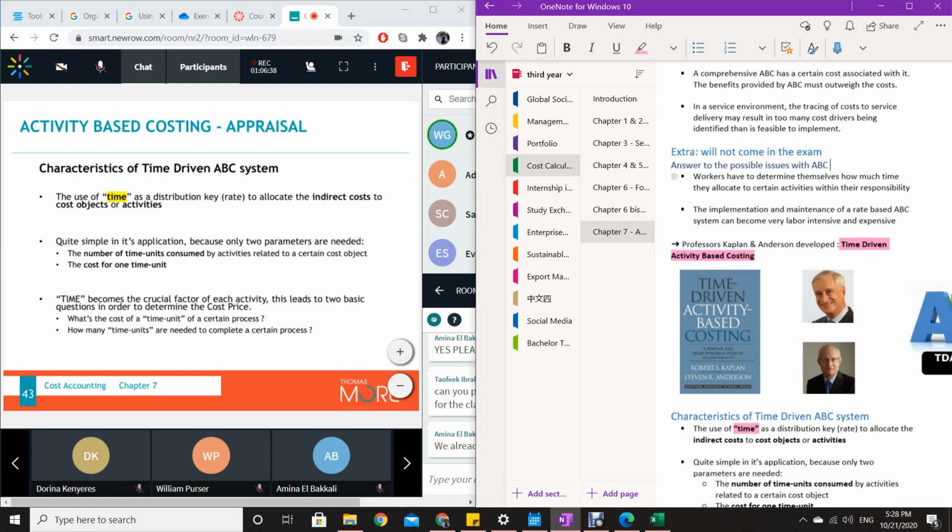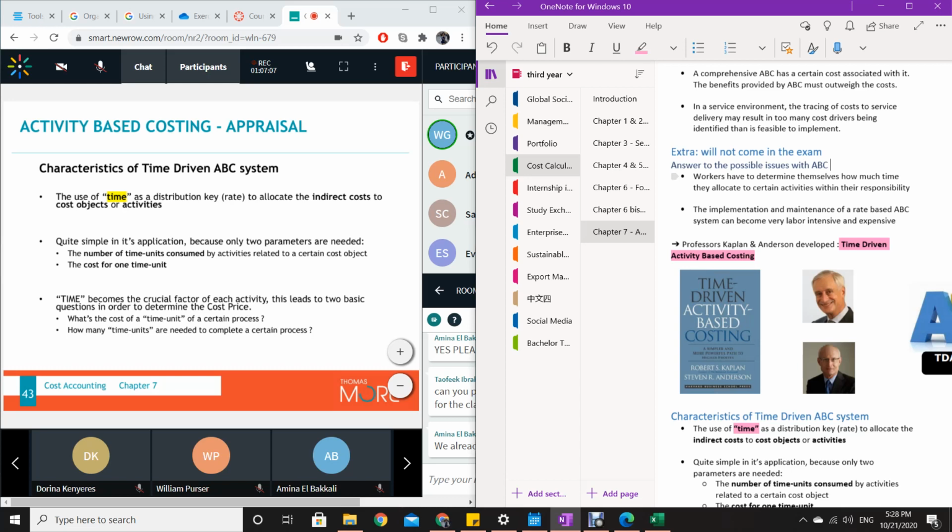When you say the cost for 1 minute for a lawyer, for a hairdresser is X euros, and to do this activity I need X minutes, I do the cost per minute times the minutes, and I know the cost of the overhead. So this is quite interesting, and the only thing which is sometimes difficult is to determine all these times.